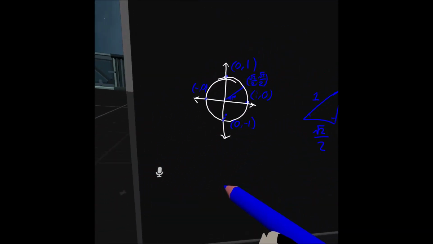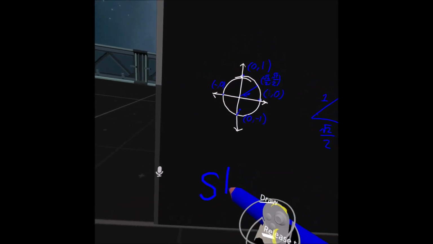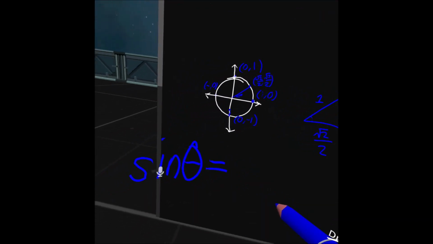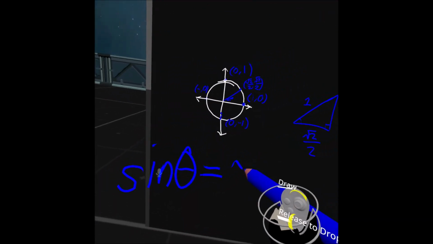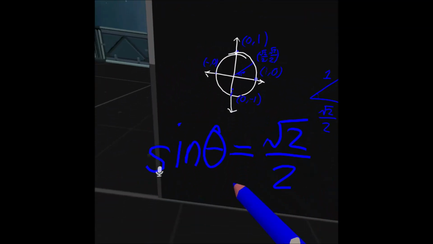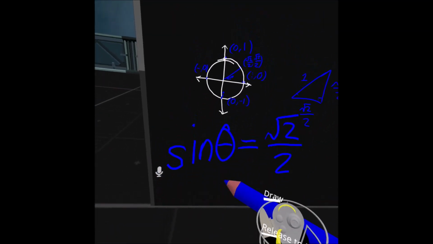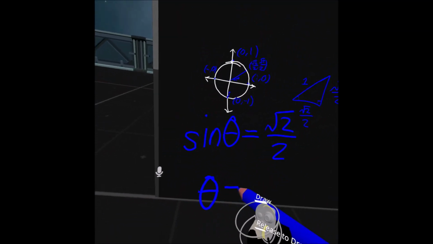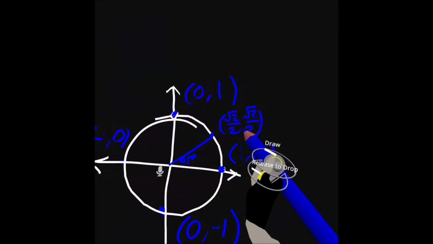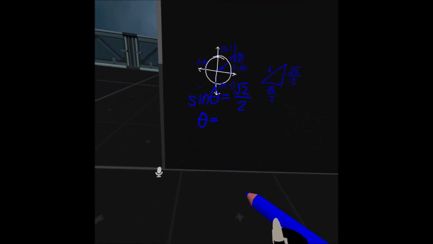So if there's going to be a trig equation, let's say sine theta is equal to square root of 2 over 2, right? Then we know that, well, be careful because there's actually more than one solution here. So theta is equal to what? Well, we know that it's going to be 45 degrees because we know sine 45 degrees is square root 2 over 2, right?